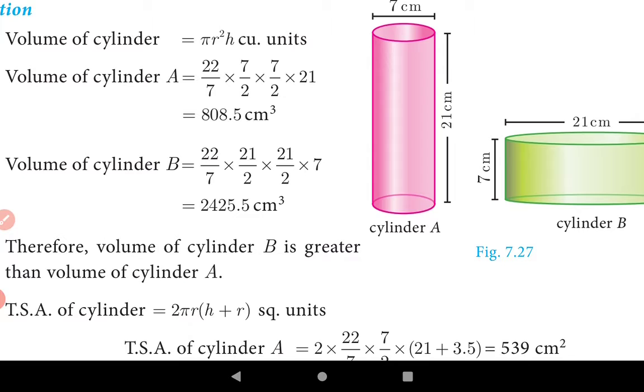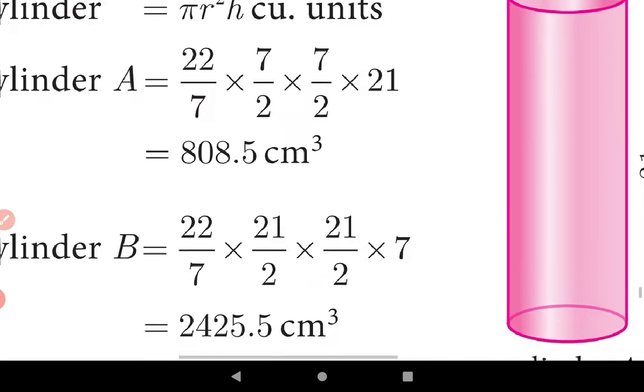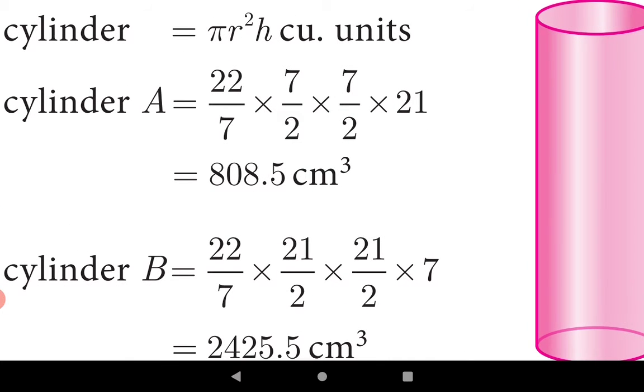We are talking about cylinder A: diameter is 7 and height is 21 centimeters. So r squared is 7 by 2 into 7 by 2, since r is equal to diameter divided by 2, and the height is 21.